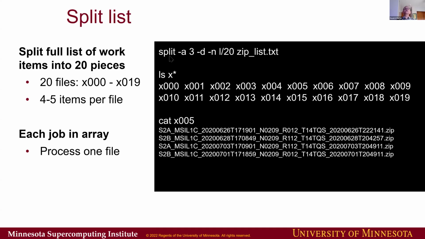By using this Unix split command, I can take the full set of zip files listed in this file and split them into 20 different files, each one with a unique set. So all I need to do now is run a task array where each member of the task will only look at one of these files and process the files in that one.